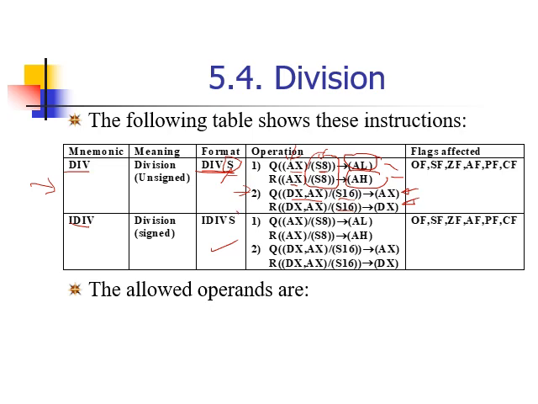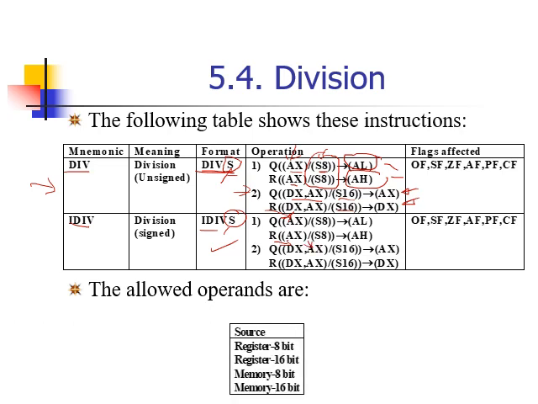You only provide an 8-bit value if you're doing 8-bit division, or a 16-bit value if you are doing 16-bit division. But before doing your division, you would have to prepare your dividend in AX or in DX and AX. The operands used are either an 8-bit register or memory, or a 16-bit register or memory.